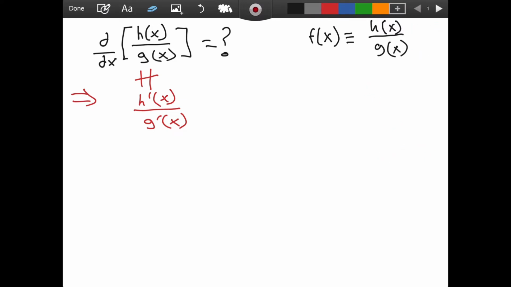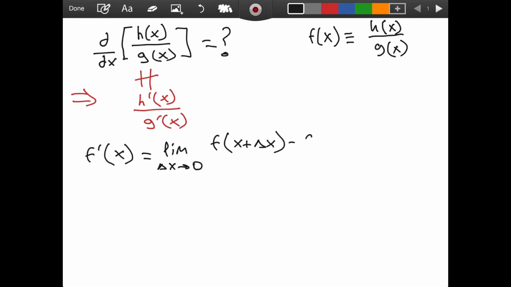And to start our proof, I will write the definition of derivatives. So the derivative of f of x would be the limit as delta x is approaching 0 of the quotient f of x plus delta x minus f of x all divided by delta x.